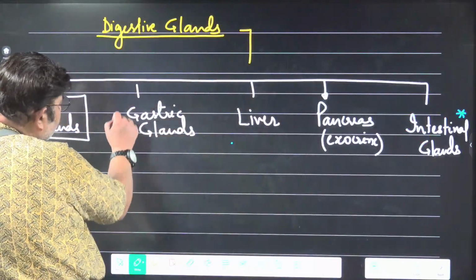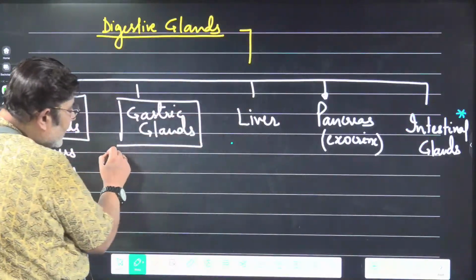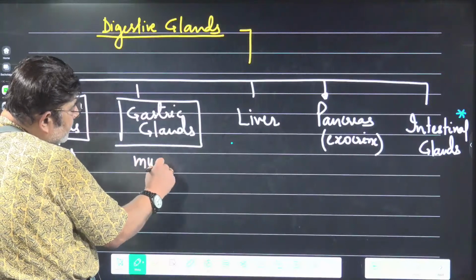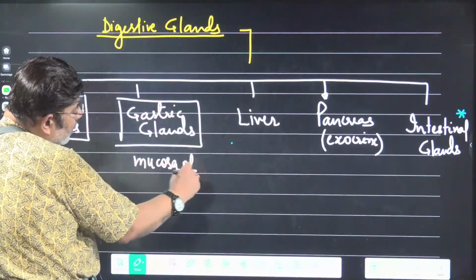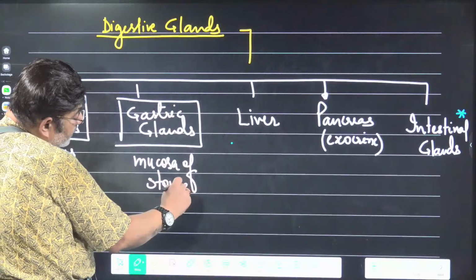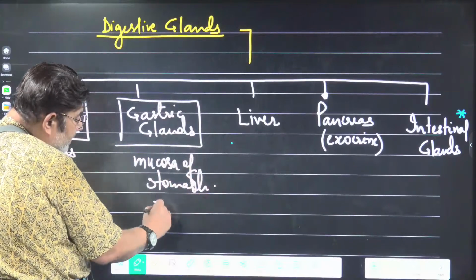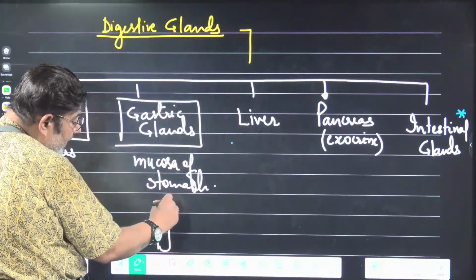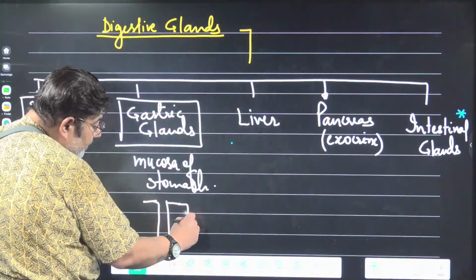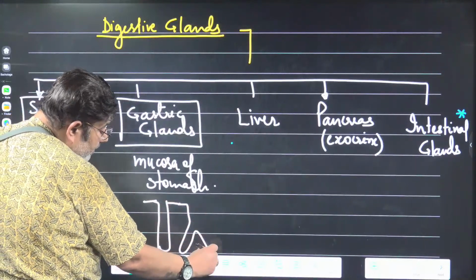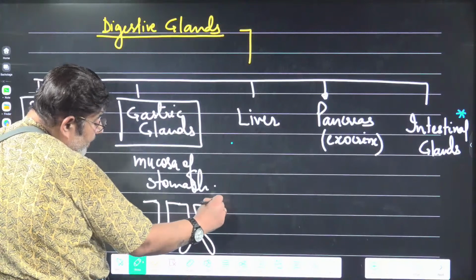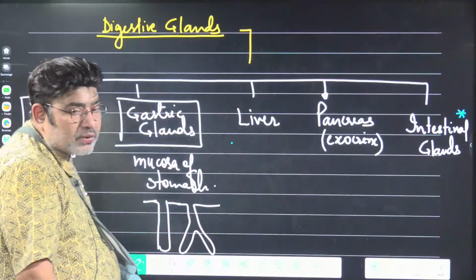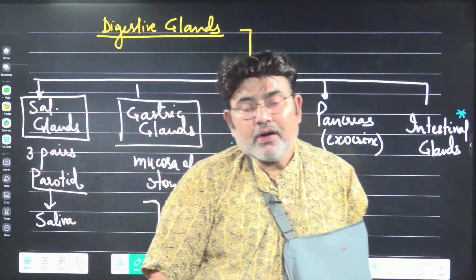Next gland, gastric glands. Gastric glands are present in the mucosa of the stomach. Now, these are simple tubular glands, or they can be branched tubular. Simple tubular, simple branched tubular.